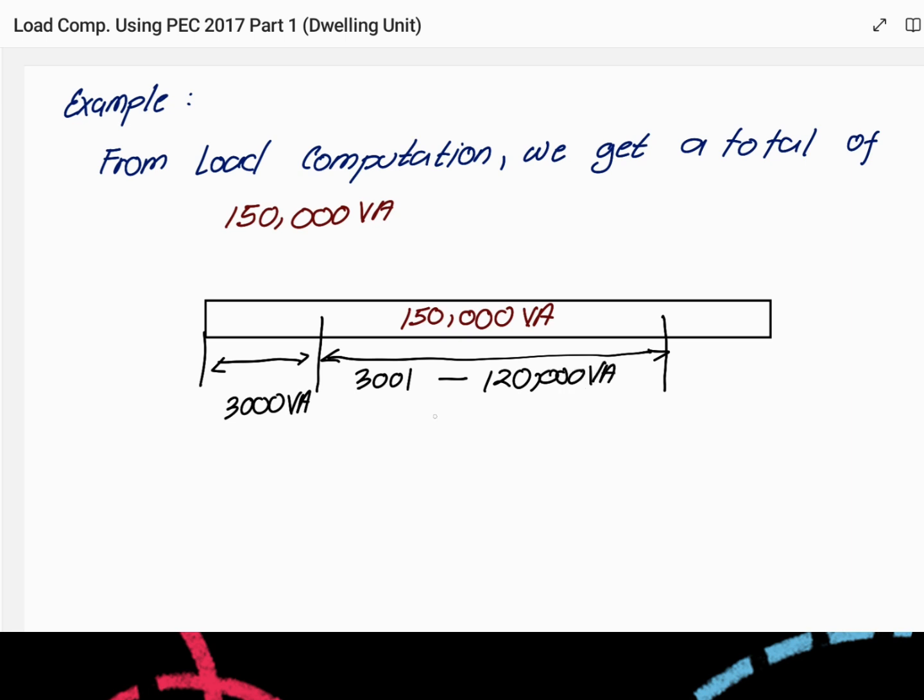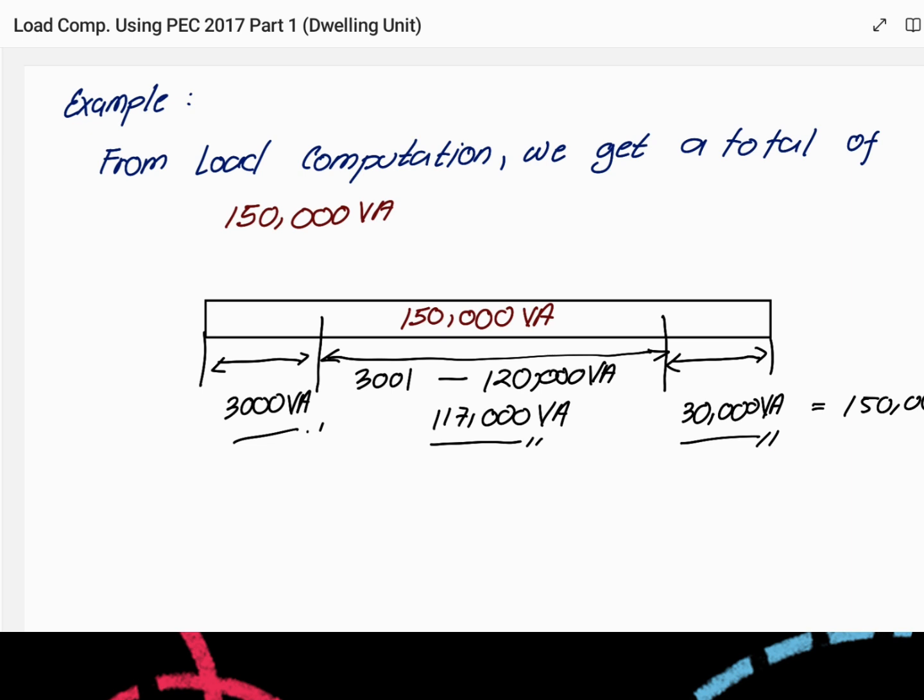So that is equivalent to 117,000 VA. Then lastly, the 120,000 VA above. So here, 120,000 VA above, that is equivalent to 30,000. So this is the remaining power from 120,000 VA. So if you want to check if this is correct, just add the 3,000, 117,000, and the 30,000. It should be equivalent to 150,000 VA.